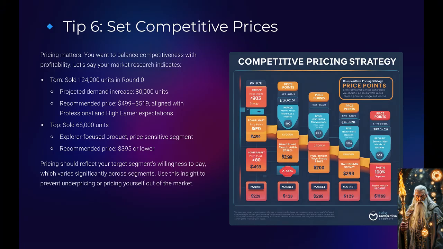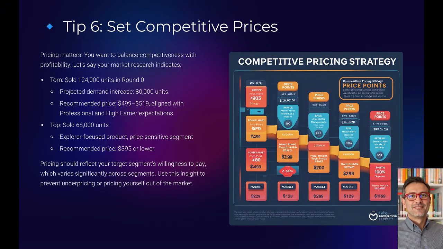Top sold 68,000 units. Explorer-focused product, price-sensitive segment. Recommended price: $395 or lower. Pricing should reflect your target segment's willingness to pay, which varies significantly across segments. Use this insight to prevent underpricing or pricing yourself out of the market.